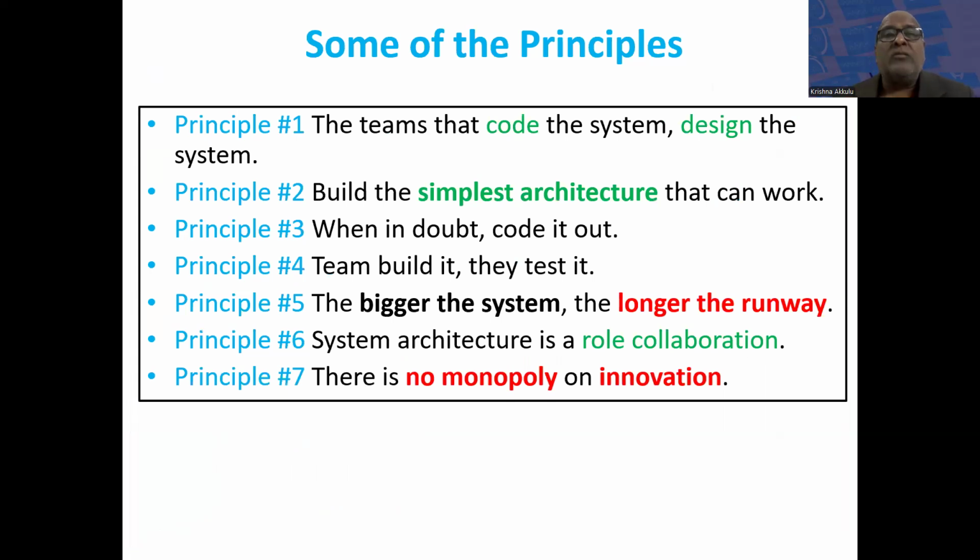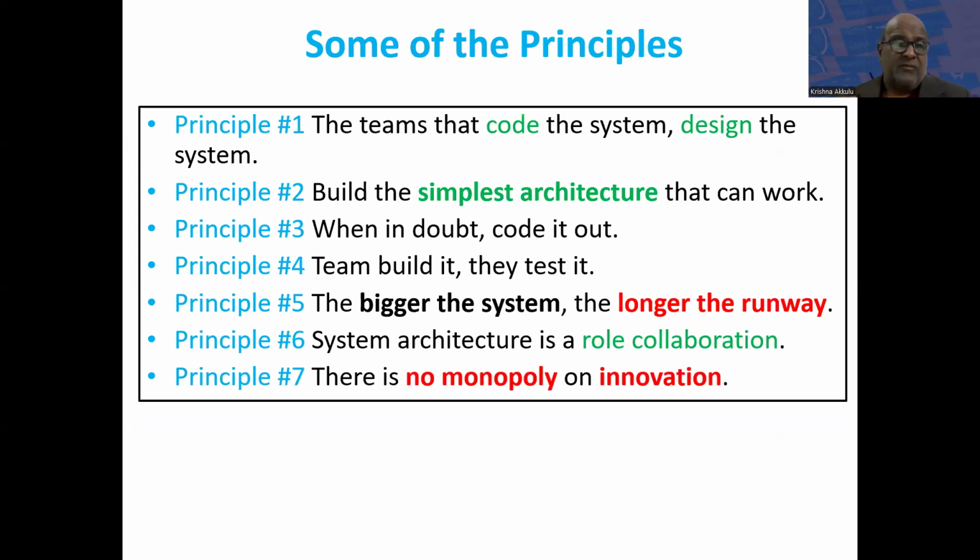And when in doubt, you code it out. So they build a sample model and see whether it is doable, or build it and test it. Then you move on to bigger steps, taking the stories, building the software, demoing it and delivering it.